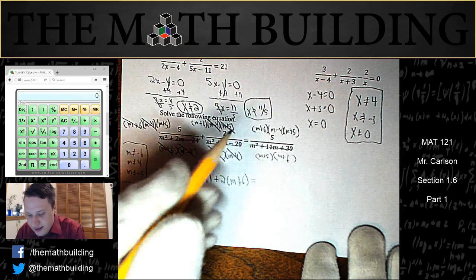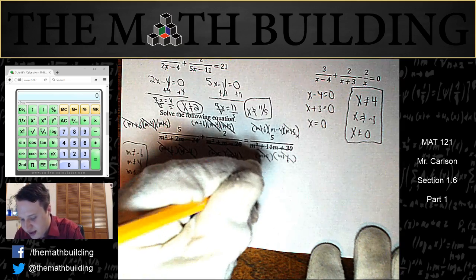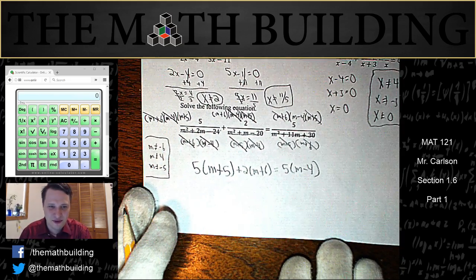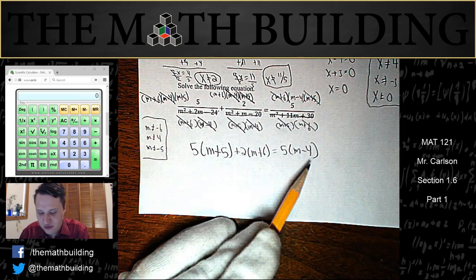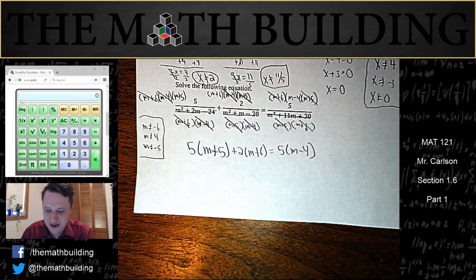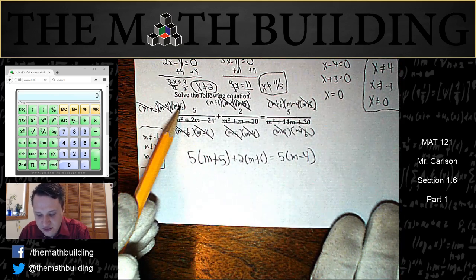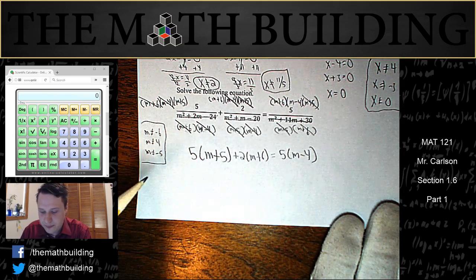On the last one, m plus 5 cancels, m plus 6 cancels, so I'm left with 5 times m minus 4. Look at how nicely that's simplified. Isn't that wonderful? We got rid of all of our fractions and have one term each. We don't even have a quadratic here. Just to recap, I picked terms that would cancel all the denominators.